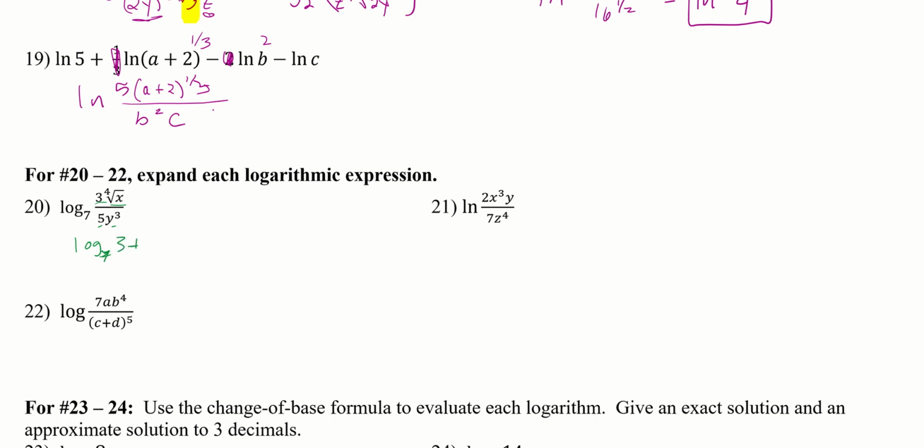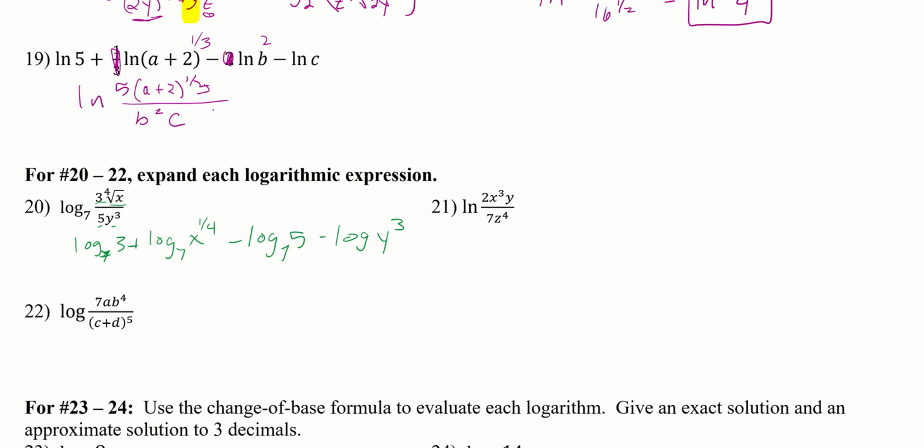Anything in the denominator is negative. So log base 7, I'm going to switch this to a power because I know I want it in exponential form. So to the 1/4, minus, since it's in the denominator, minus log y of 3.